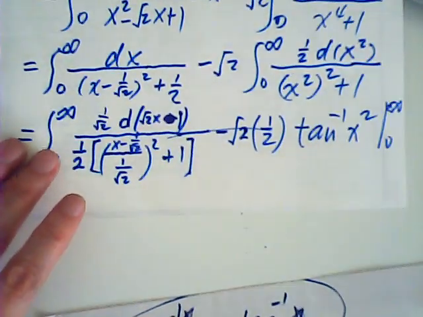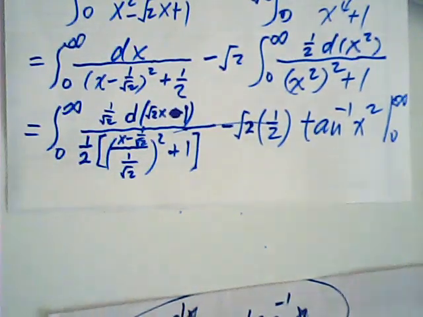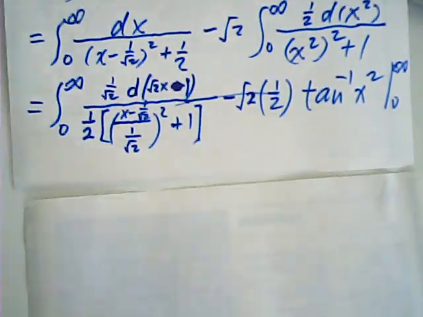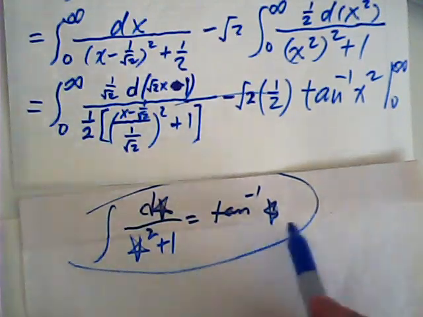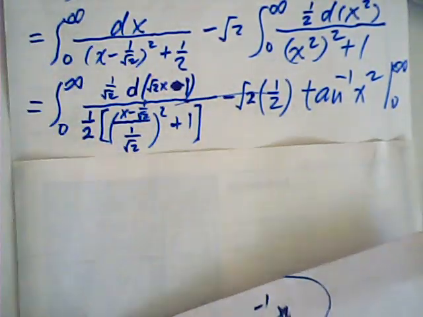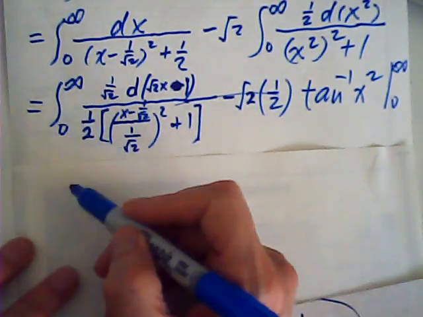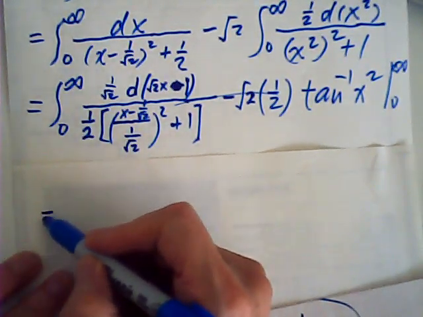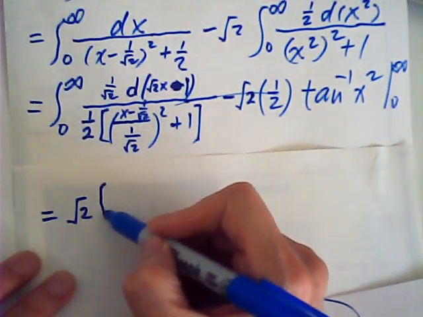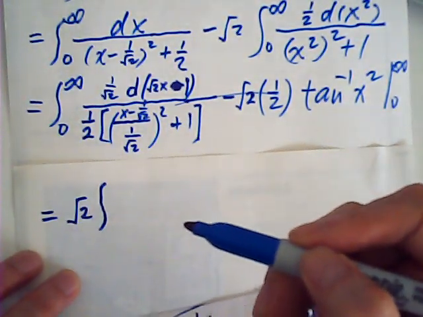Okay. Continue. Now I can use the formula because this is the formula, right? So this is equal to, this is a root 2 over 2, so flipping over it is a root 2, right?